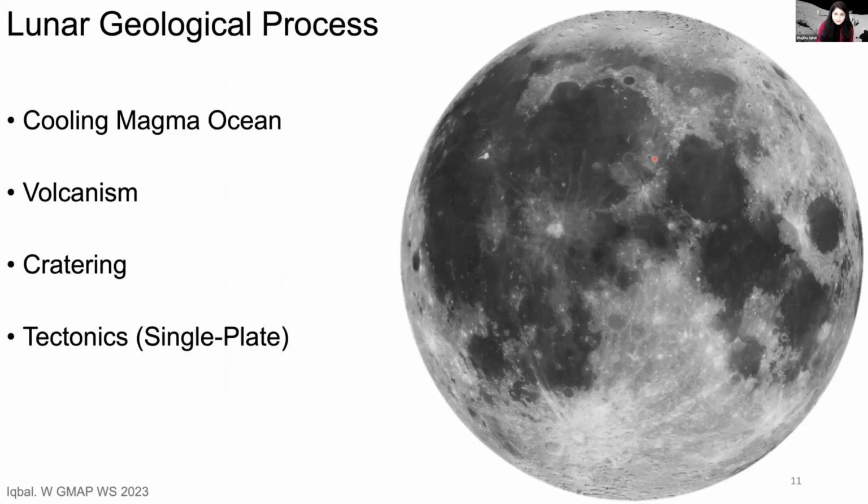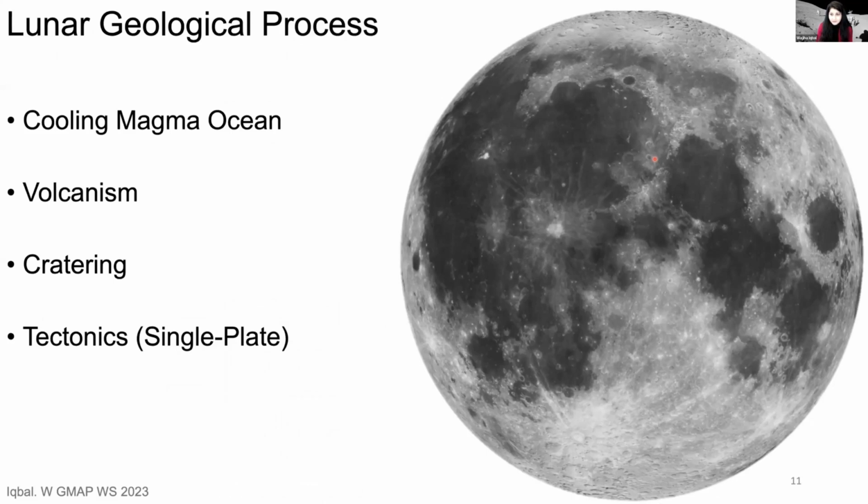If I summarize the geological processes that occur on the Moon, we see four main processes. The cooling of the magma ocean created the earlier crust, and then later there was a lot of volcanism, and cratering occurred throughout the history of the Moon.